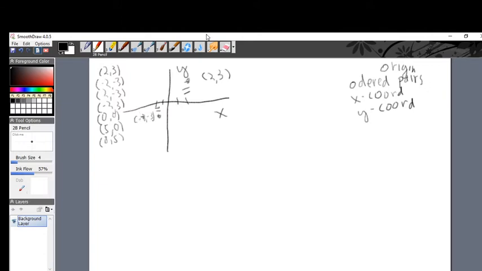Okay, actually, I can try being a little bit fancier here today and try to get hold of that eraser, the one over there.